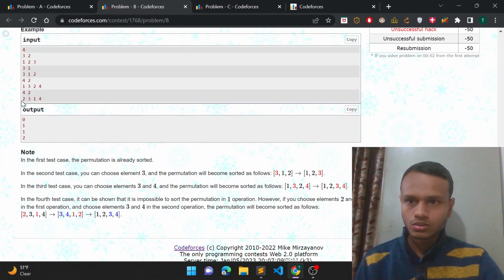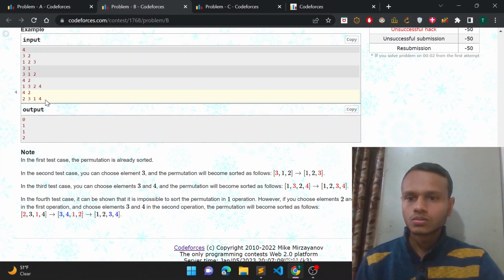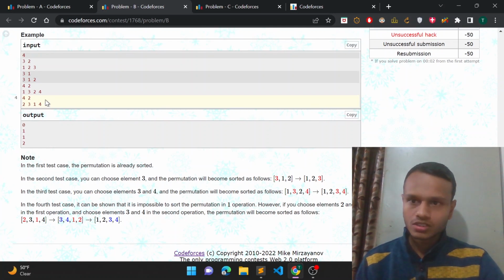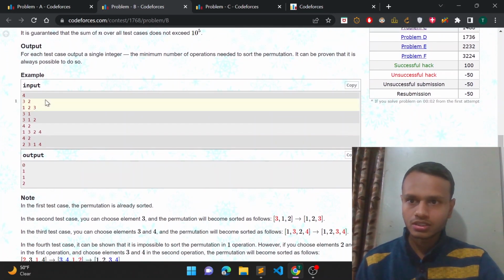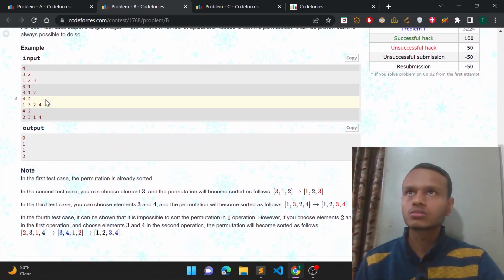We first choose 2 and 1 and then choose 3 and 4. This way the answer will always be (n plus k minus 1) by k. In the worst case that could be the answer, (n plus k minus 1) by k.